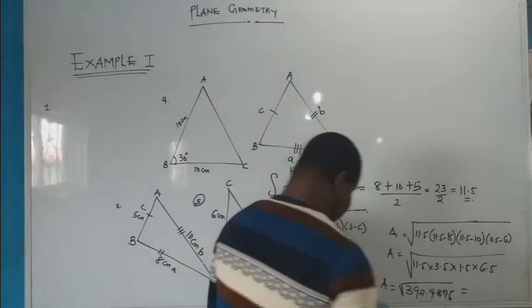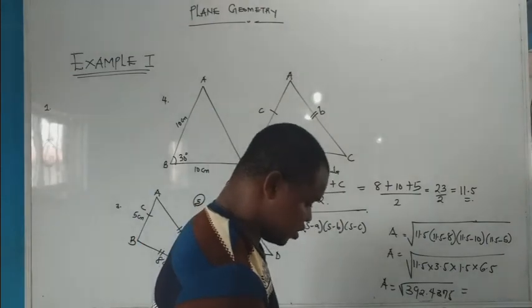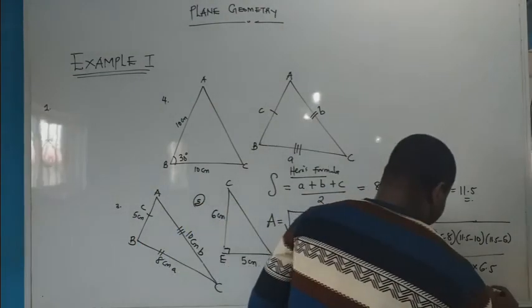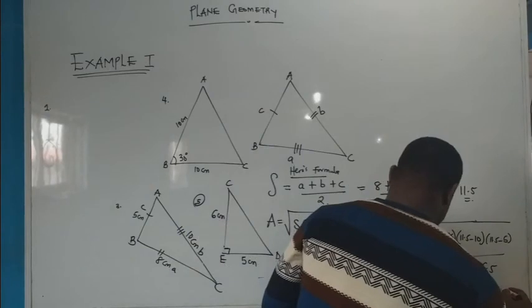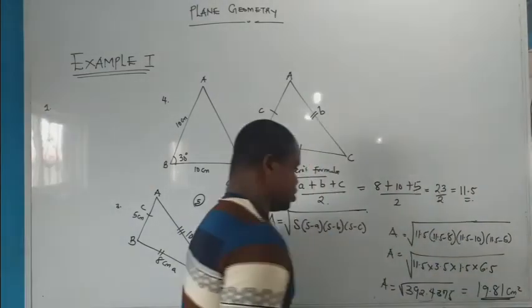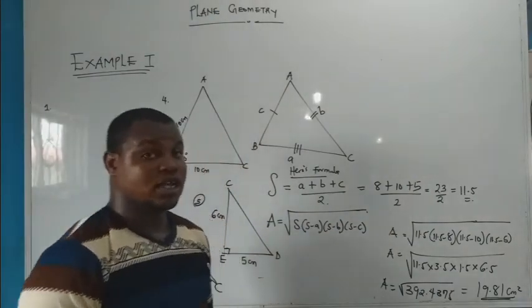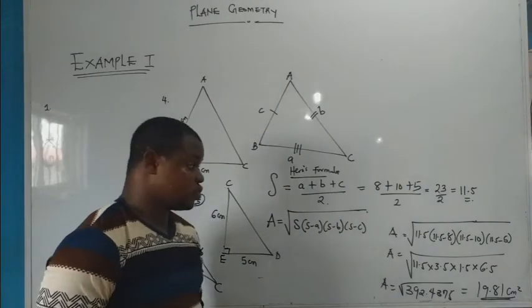When you find the square root of this, you will get 19.81 centimeters squared. So this is how we find the area of a scalene triangle, and that's Heron's formula.